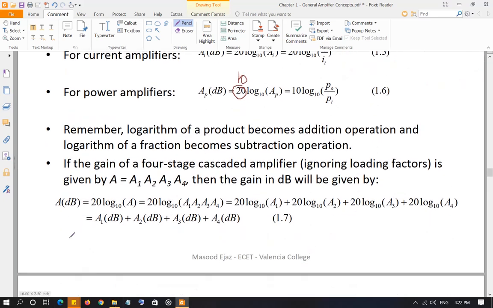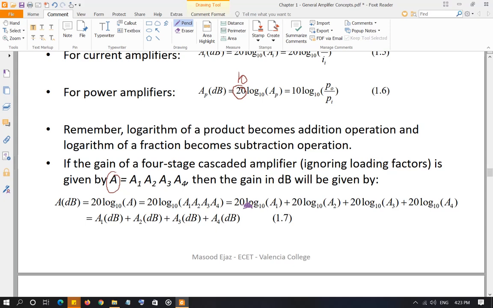So observe over here, if you ignore all the loading factors, the total gain of the amplifier is A1, A2, A3, A4. If you want to represent that gain in decibel, you take 20 log 10 of A, which is 20 log 10 of the product of all gains, and you can write that as an addition: 20 log 10 of A1 plus 20 log 10 of A2, and so on and so forth.